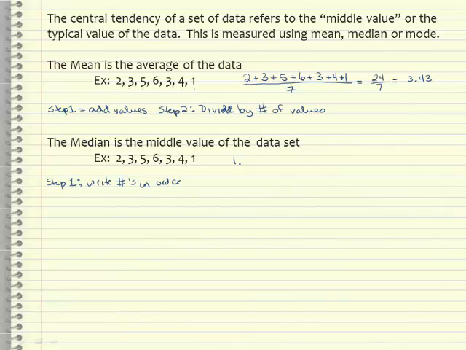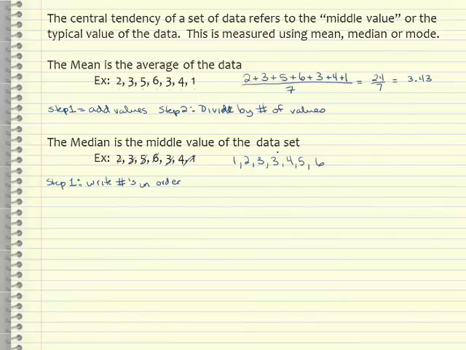So 1, 2, and I usually cross them out as I'm going, 3, 3, and 5 and 6. Oops, I forgot the 4. Hold on. 4 and 5 and 6.